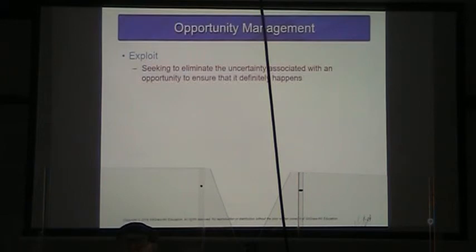We eliminate the uncertainty associated with an opportunity and make sure that it happens. Okay, this might happen. Well, what can we do to make it happen, because it would be something good for us?